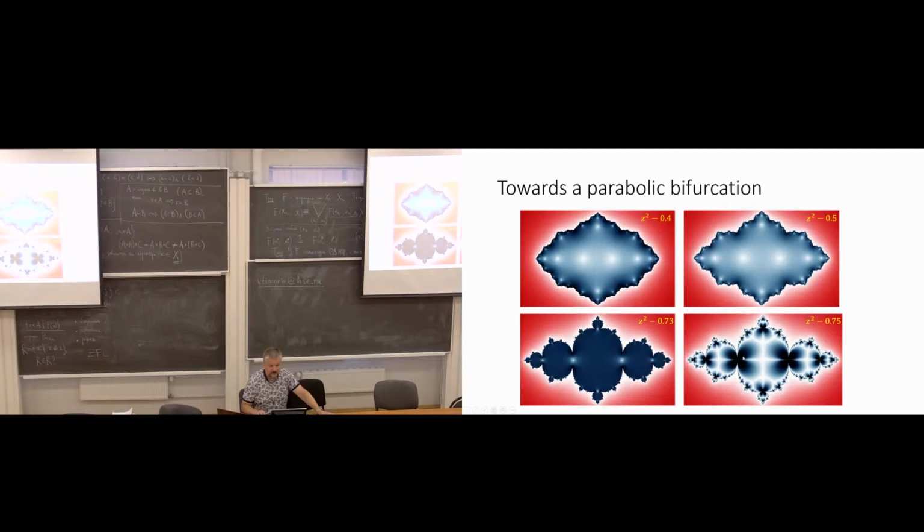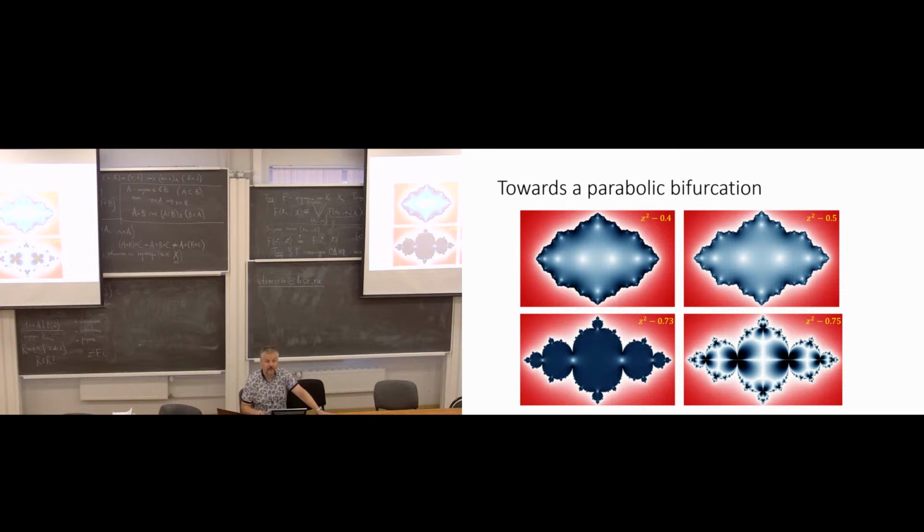And what happens is some kind of bifurcation, because until we reach this point, what we see is just a topological disk. So inside this disk, all points converge exponentially fast to some fixed point. Outside, all red points escape super exponentially fast to infinity.